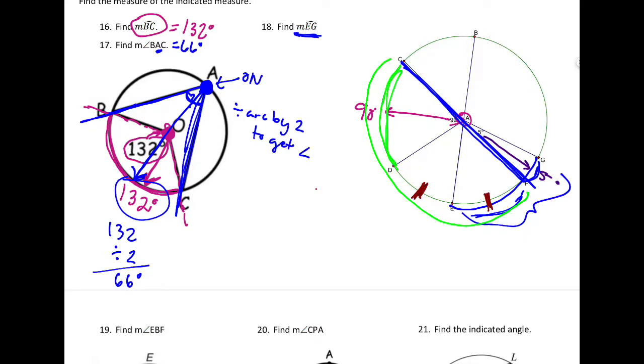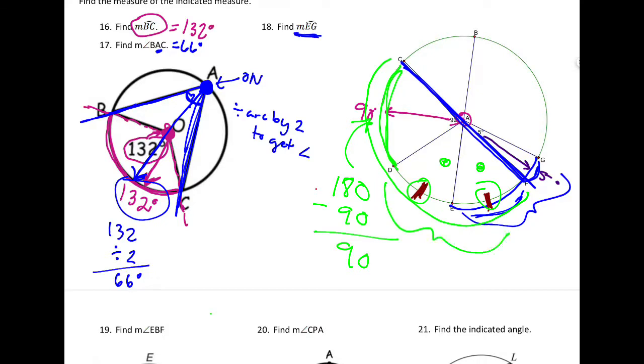And we know that these 2 pieces right here, this one and this one, have to be congruent because of these marks. So basically, if we do 180 minus the 90 that's already there, that gives us 90 that these 2 pieces have to share. Since we know they're equal pieces, we just divide the 90 by 2, and that gives us that each of those pieces have to be 45 degrees.